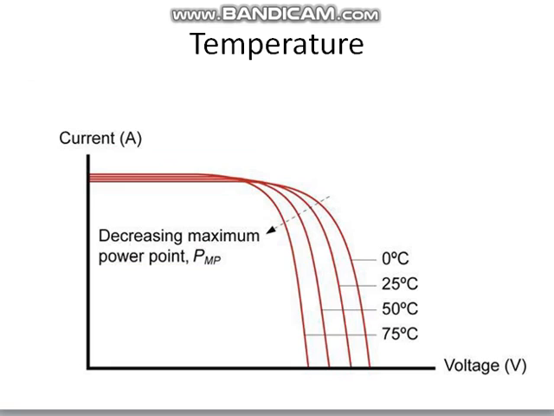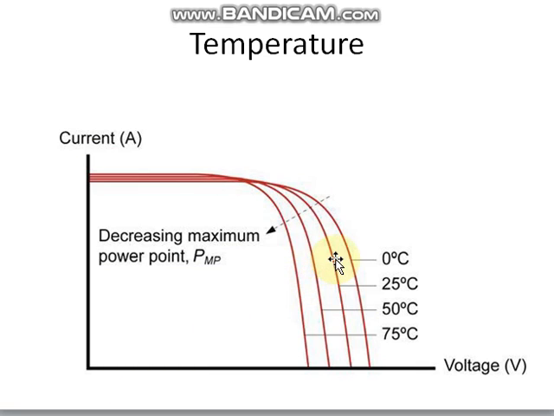Because as the temperature increases, the voltage drop across the cell increases, so the voltage we finally get from the panel will decrease because of the resistance. So the open circuit voltage starts decreasing as the temperature increases.